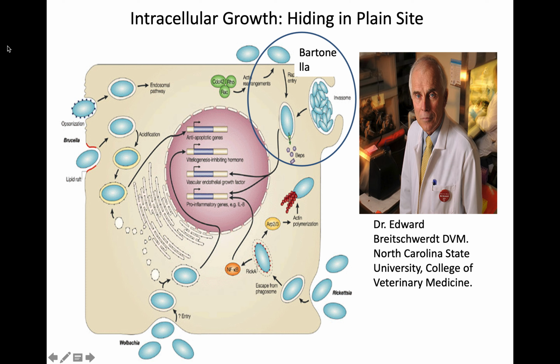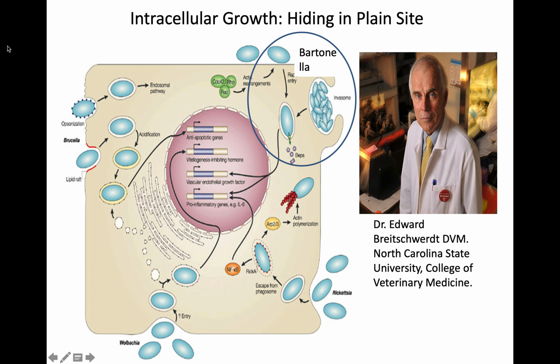We've got the Wolbachia, on the bottom left. Once they enter the host cell, they may move directly to the nucleus and affect the gene expression within that cell. And finally, we have the Brucella in the upper left-hand corner.